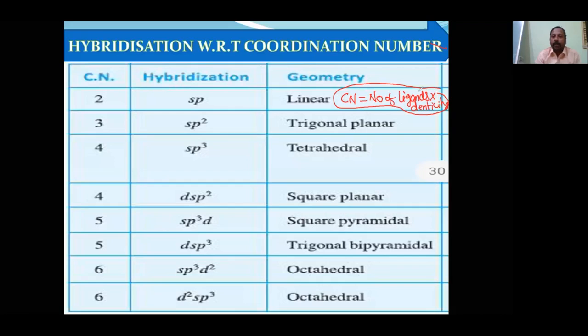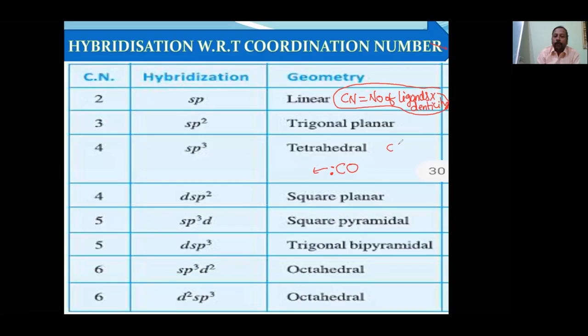Next, ambidentate. Ambidentate means a ligand whose denticity is 2, but it acts as a monodentate. It has the capacity of a bidentate but acts as a monodentate. They are called ambidentate ligands. Suppose you take carbon monoxide, the lone pair will be available on carbon and it can donate in this direction.